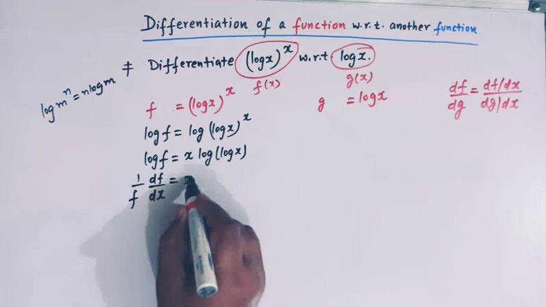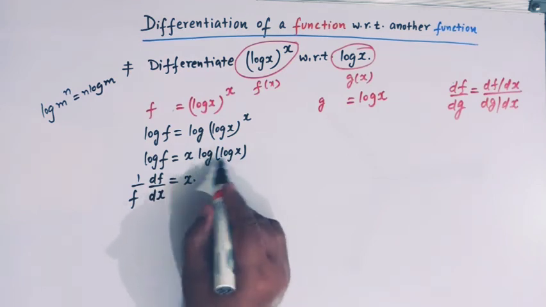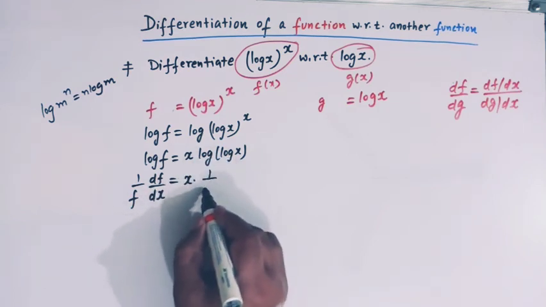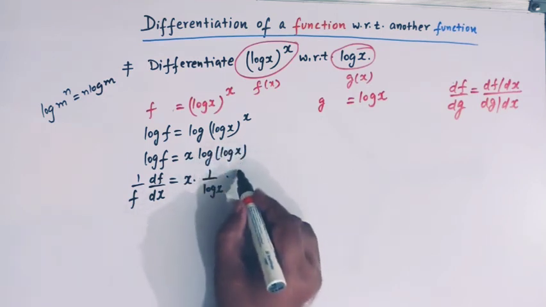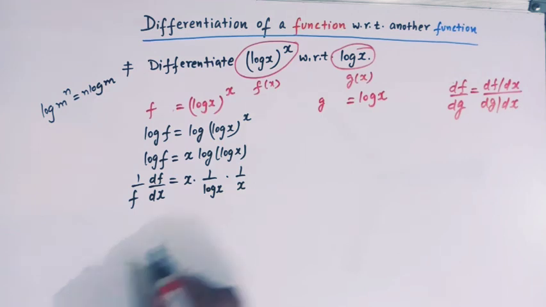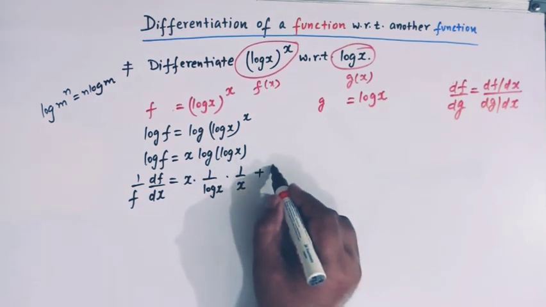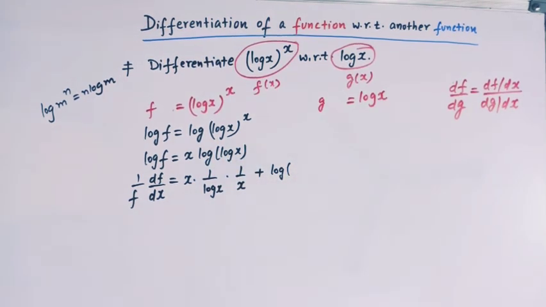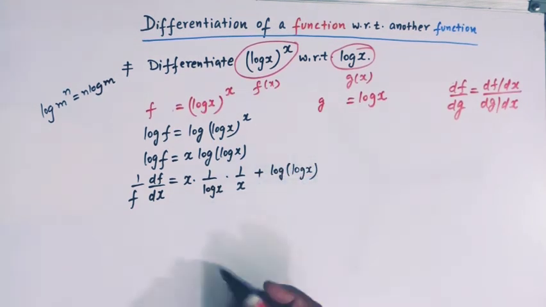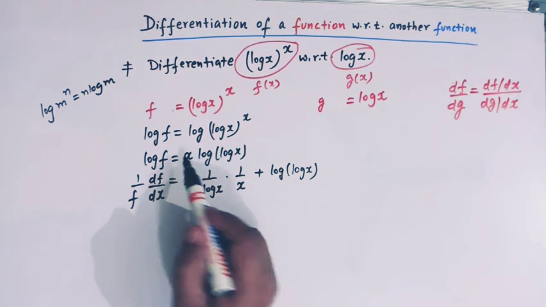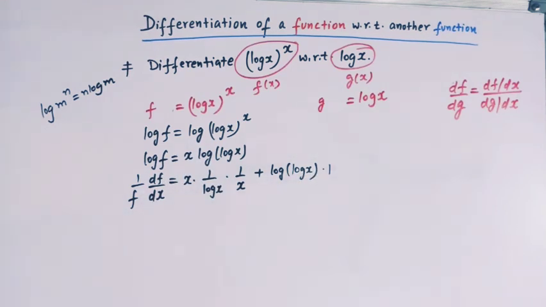So here we have first function, derivative of log x is 1 over log x, times the derivative of log x, which is 1 over x, right? Plus we have x times the derivative of log of log x, and the derivative of x is 1, right?